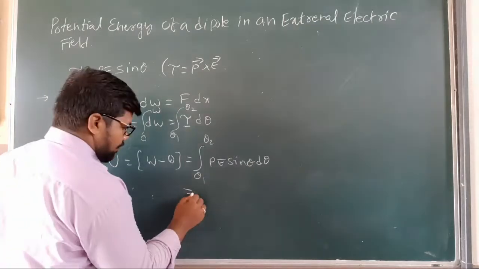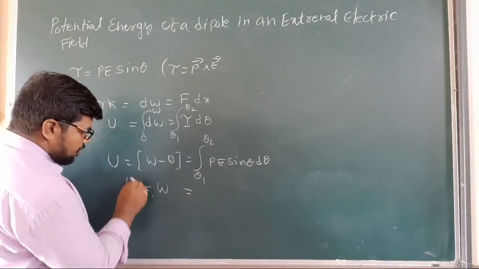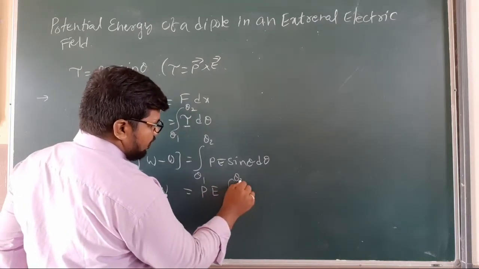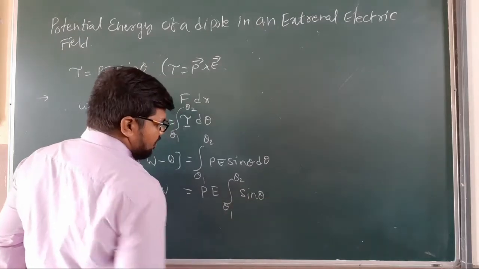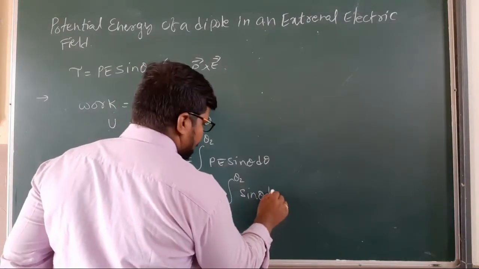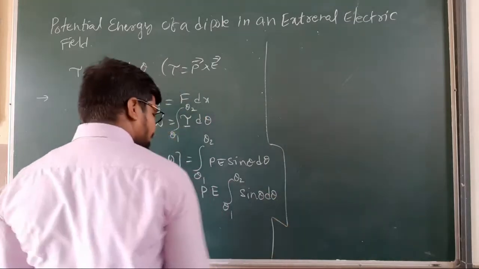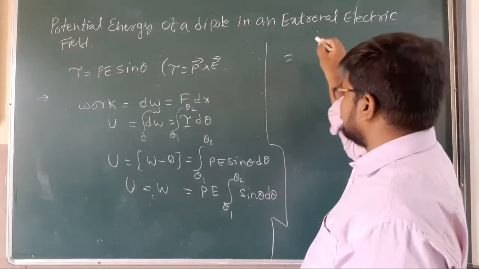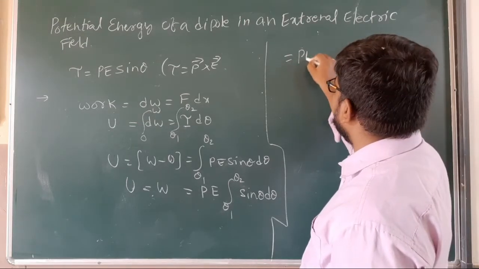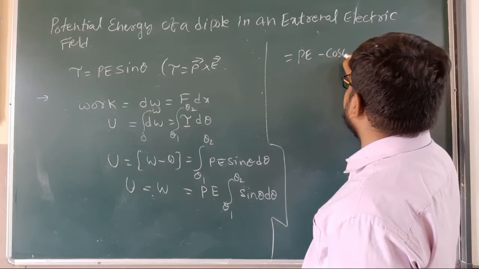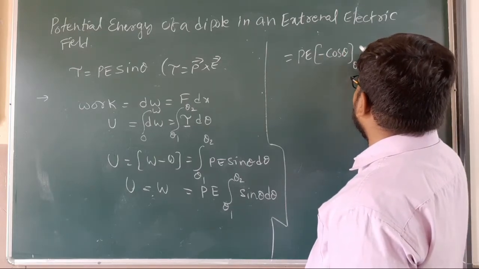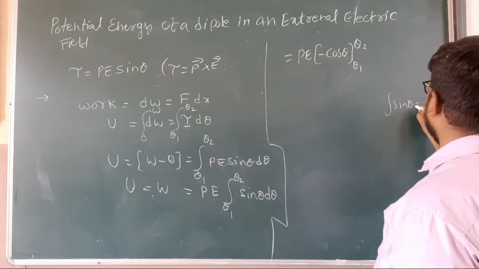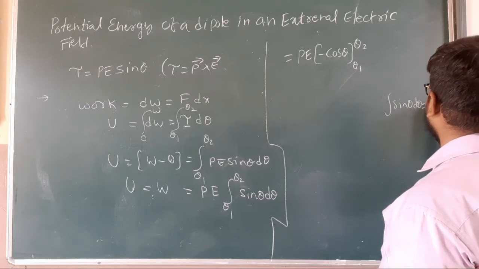So W is equal to U is equal to P E times the integral from theta 1 to theta 2 of sin theta d theta. The integration of sin theta d theta is minus cos theta, with lower limit theta 1 and upper limit theta 2.